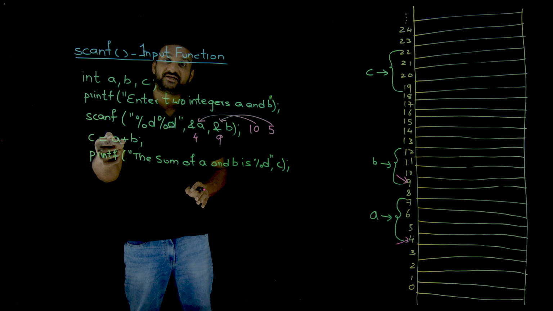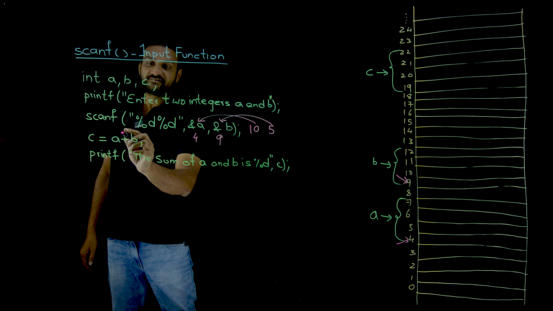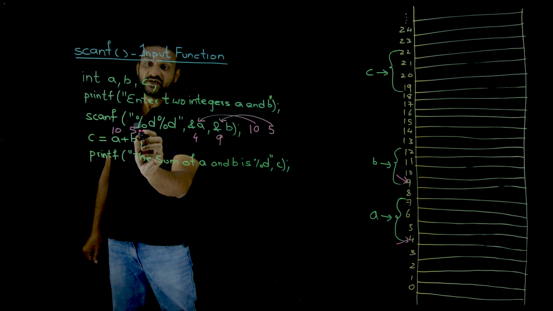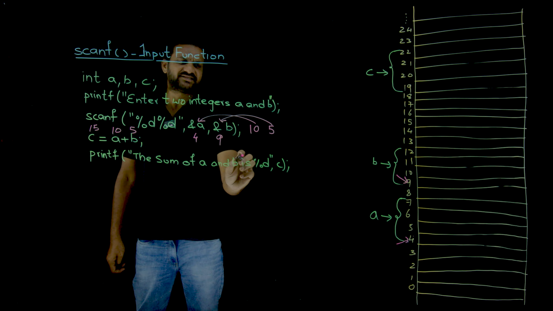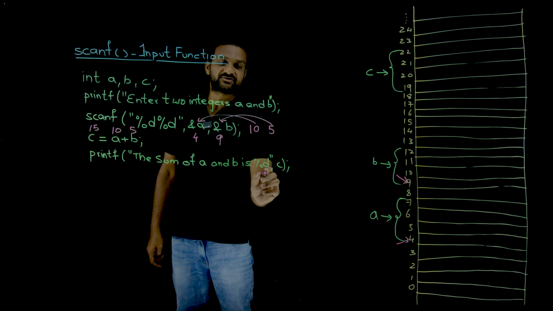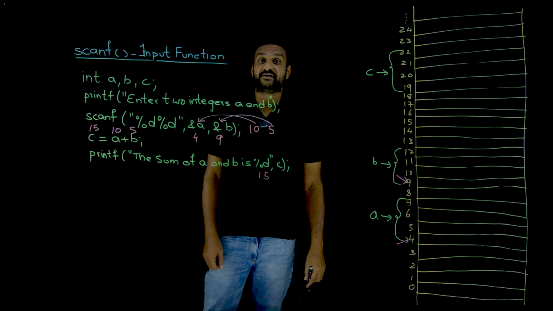The next line is this line: 10 plus 5 produces an outcome of 15, and that will get stored in the variable C. The last line is a simple printf statement. The sum of A and B is 15, so this statement will get printed.